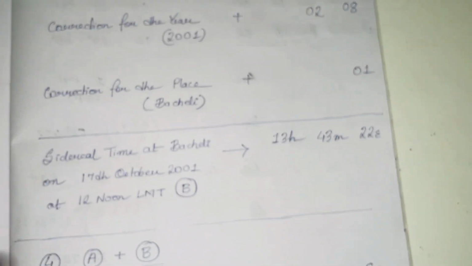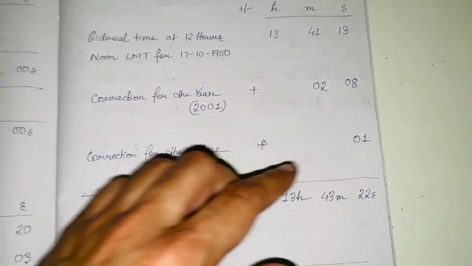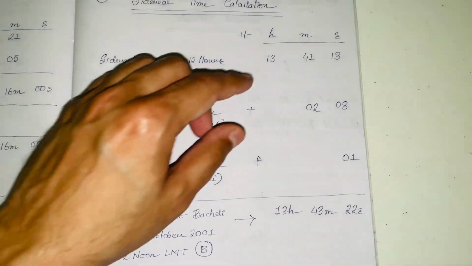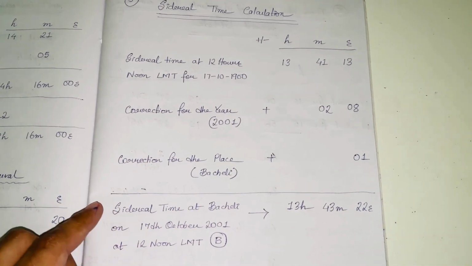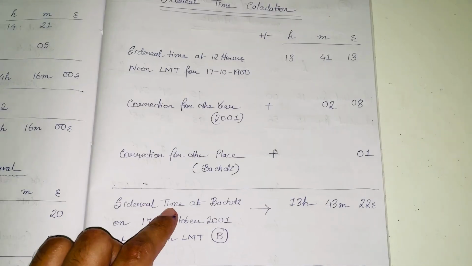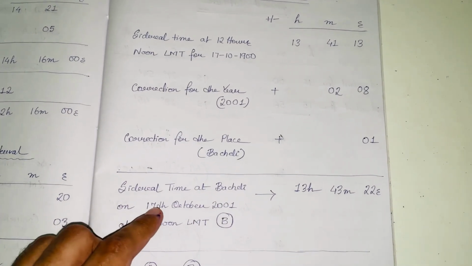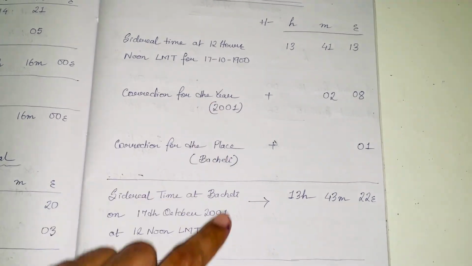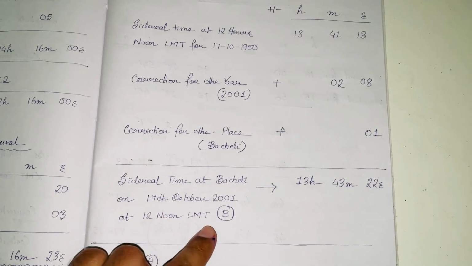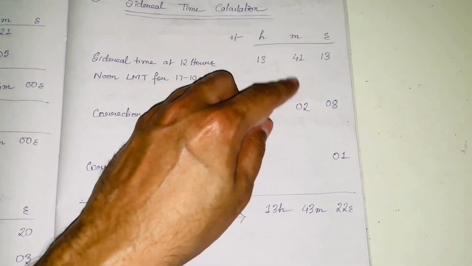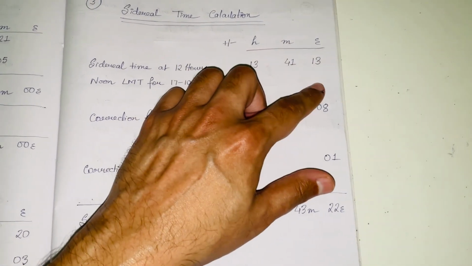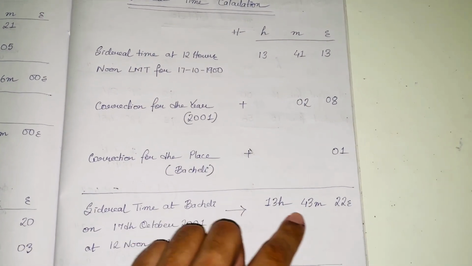It is plus 1 second. Now we are adding these values, which gives the sidereal time at BACHELI on 17th October 2001 at 12 noon LMT. It will be 13 hour, 43 minute and 22 second.